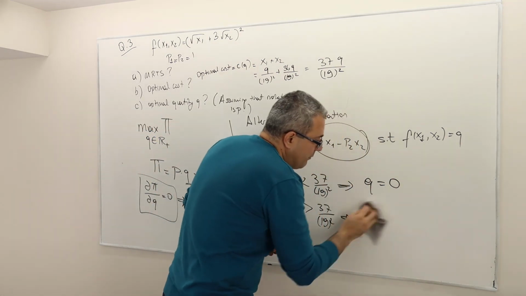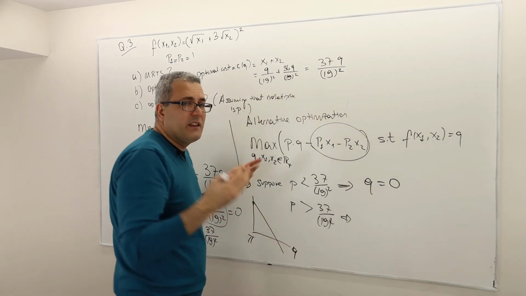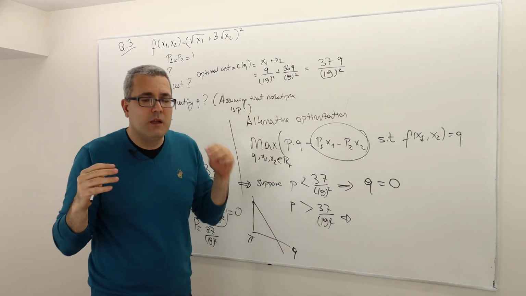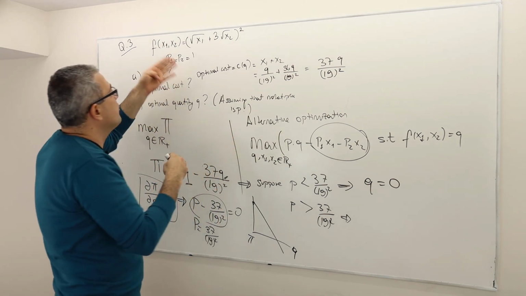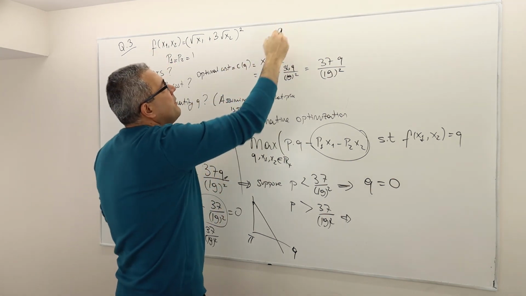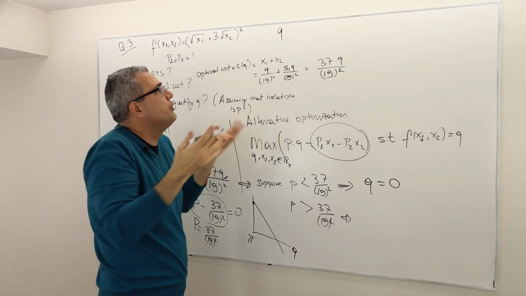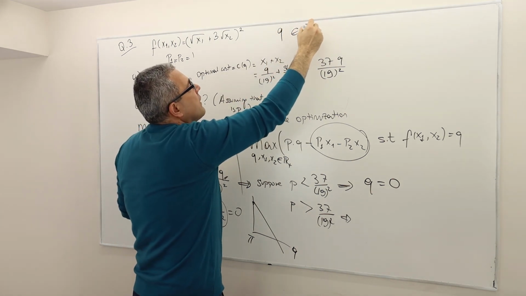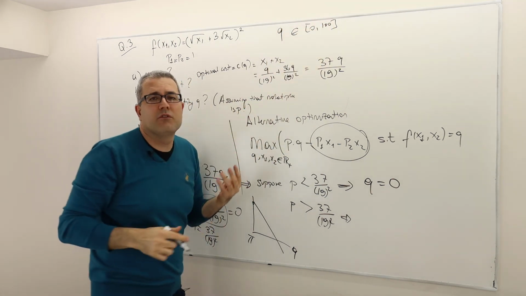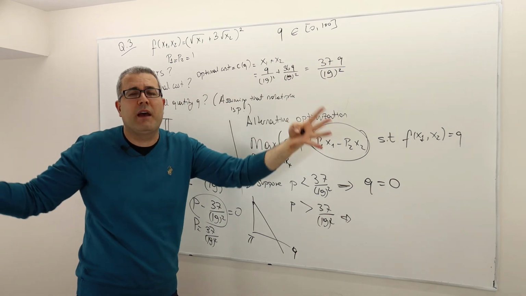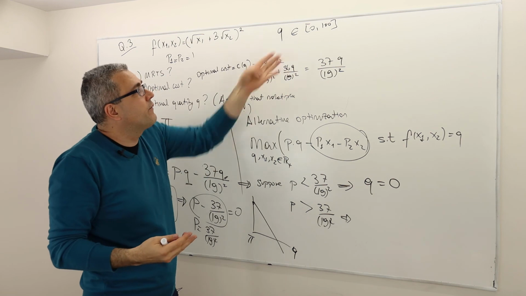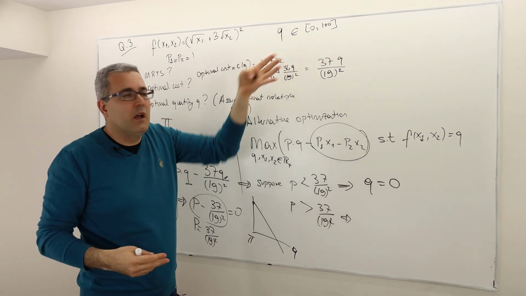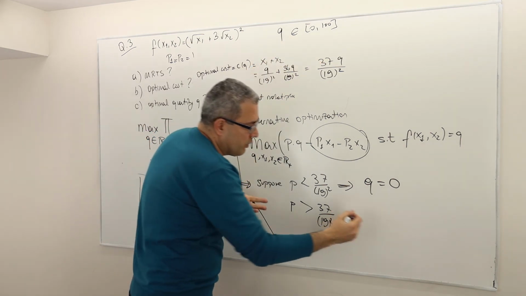But that basically means, unless this problem imposes some constraint on where Q is coming from, maybe the firm is constrained to choose Q between 0 and 100 for some reason. The 100 is the maximum capacity of this factory. You can't produce more than 100, maybe. So therefore, Q has to be 100. But otherwise, there's no solution.